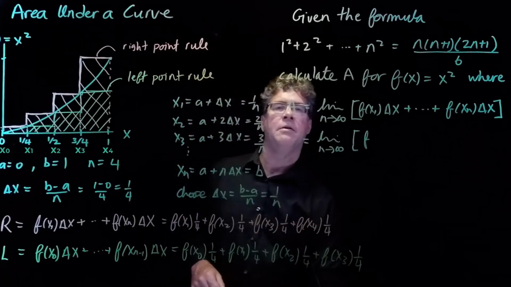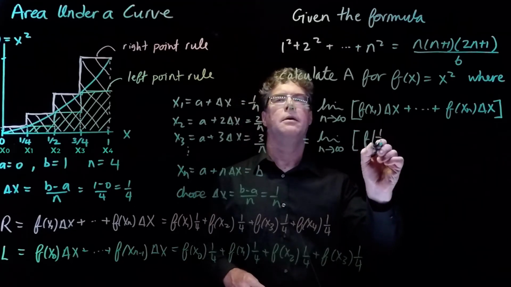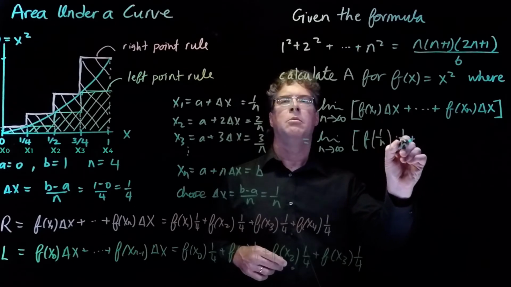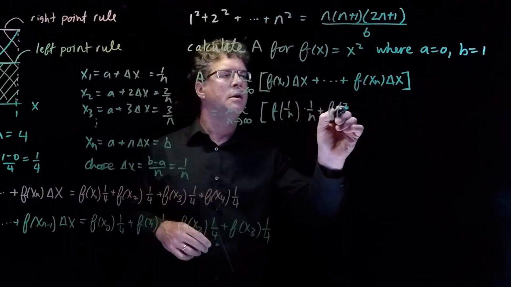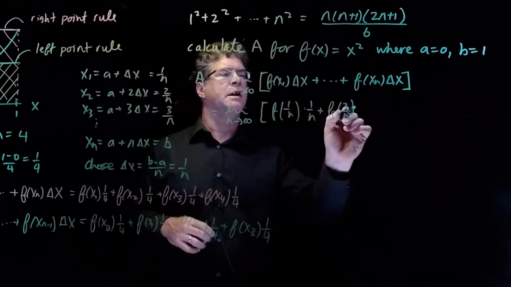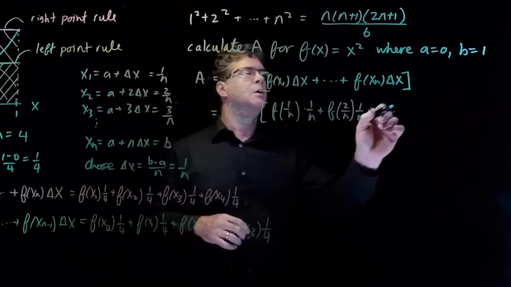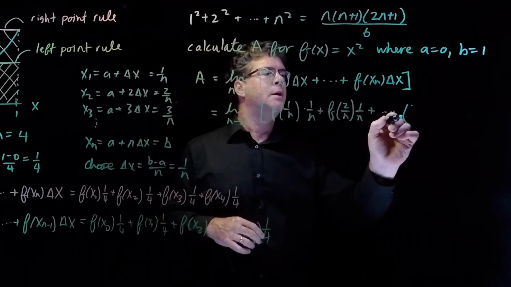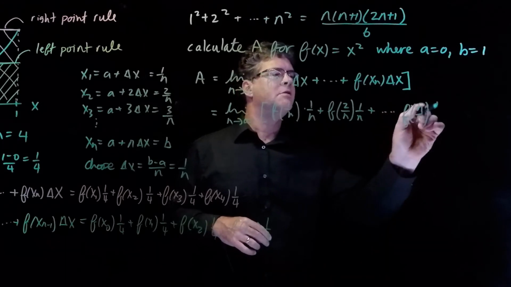So we're going to have f of 1 over n times delta x, which is 1 over n, plus f of 2 over n times delta x, which is 1 over n, plus all the way up to f of n over n times 1 over n.